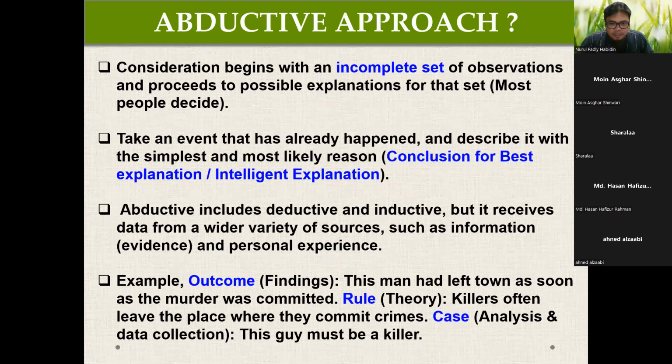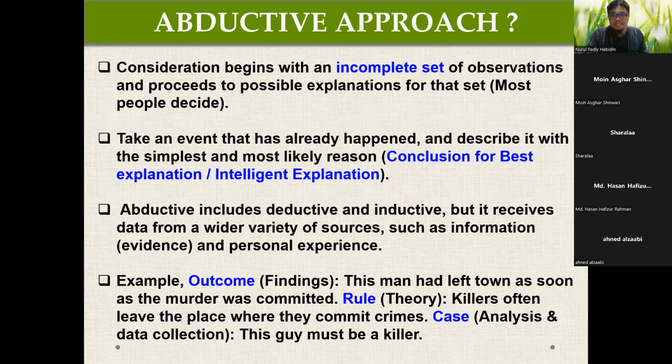Okay, example outcome: this man had left town as soon as the murder was committed. Rule, okay, this is a case of murder. Okay, this is a theory. Killers often leave the place where they committed the crime. They go to another place when they kill some people, they do not stay in that place.